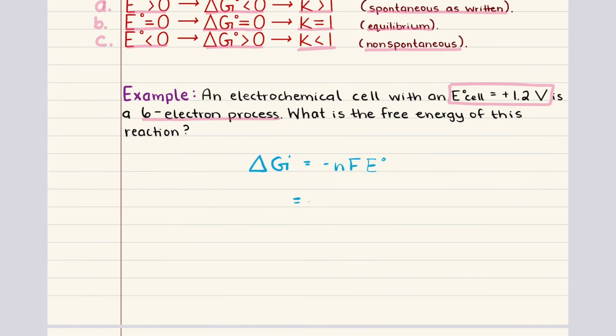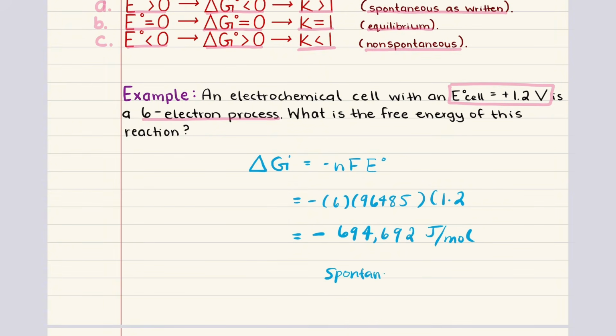So that becomes negative 6 times Faraday's constant times 1.2 volts. When you calculate this, you get negative 694,692 joules per mole, which is a large negative value. This confirms that the reaction is spontaneous.